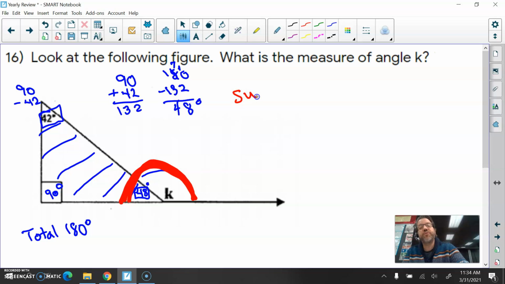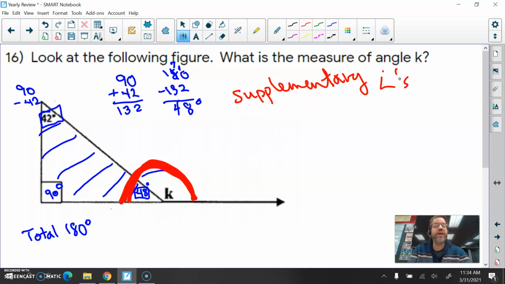Supplementary angles total 180 degrees. Okay, and since this is 48 degrees, you could take 180, which is this entire measurement here of this straight angle, and subtract 48 degrees.